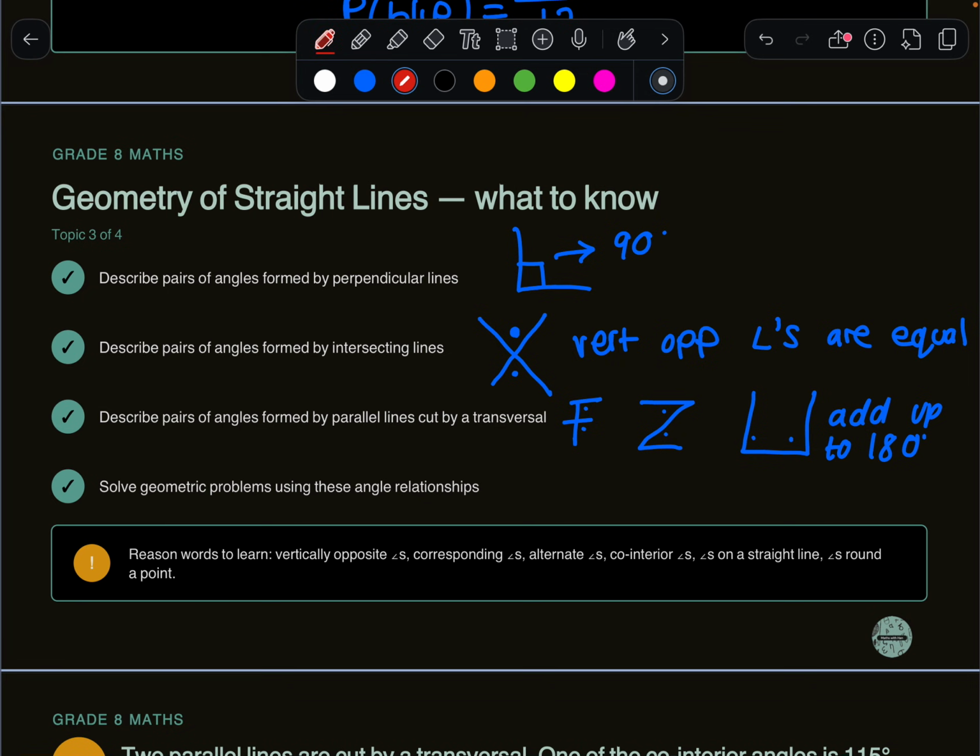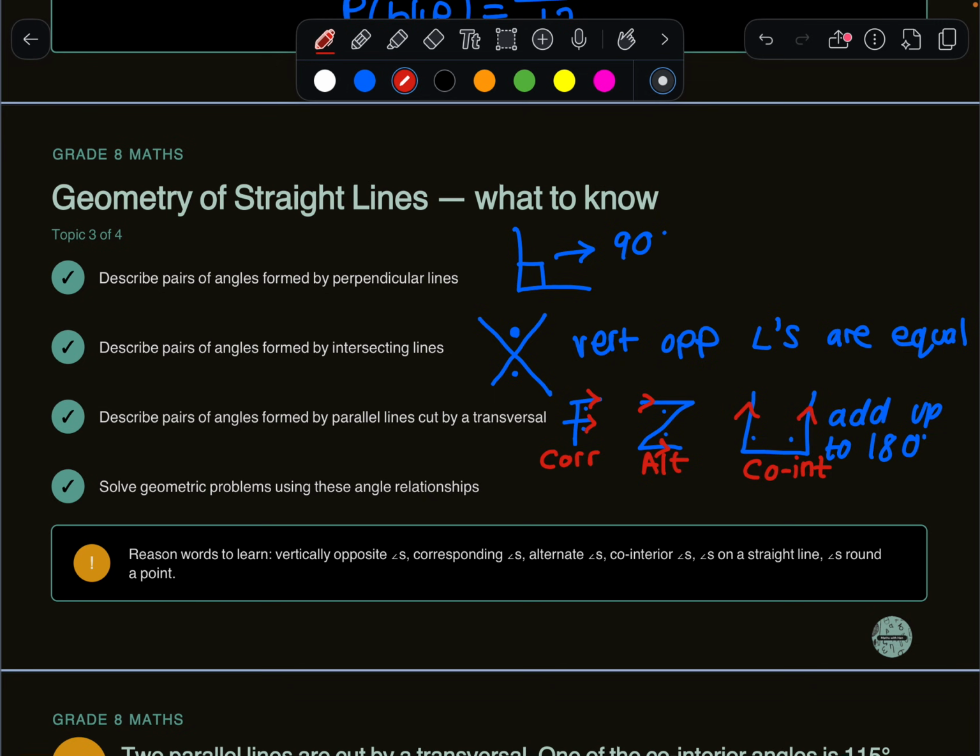If you don't know those, make sure you go back and revise them. So these ones are called corresponding angles, alternating angles, and co-interior angles. And these are all between parallel lines. You can see these are the parallel lines in here. And then you're going to solve geometric problems using all these different angle relationships.